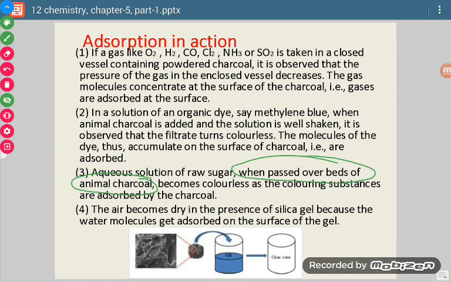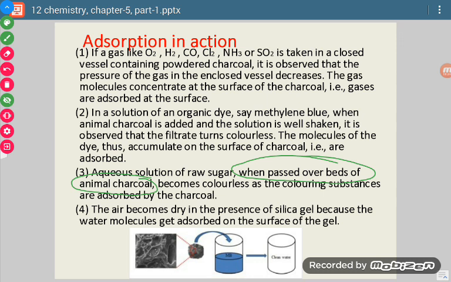So in order to make it white, we have to add animal charcoal. And what does animal charcoal do? The molecules which cause the color in sugar get adsorbed at the surface of animal charcoal, and so the sugar which we eat, which we consume, appears white or colorless.